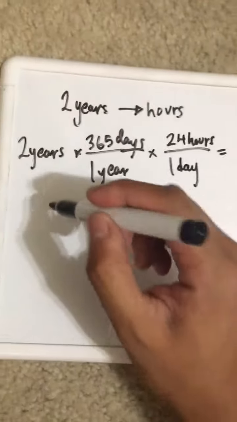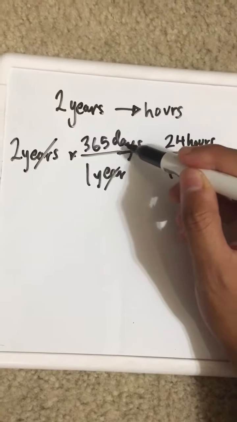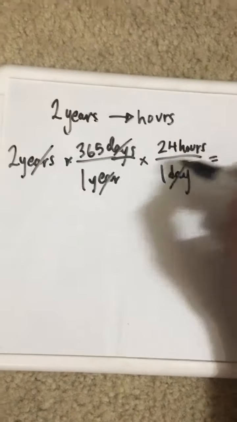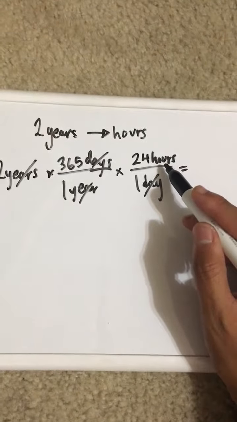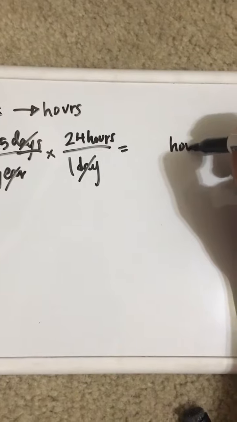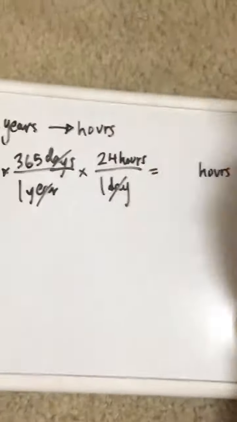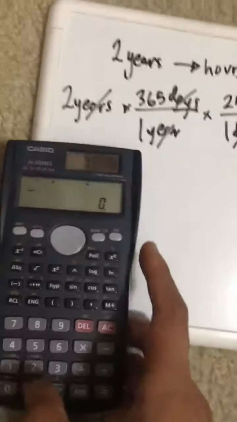Alright, so first step, let's cancel out units. Days and days, years and years. And the only unit that is not canceled out is hours. So we know that our answer is in hours. That's what we want. And now let's take out our calculator.